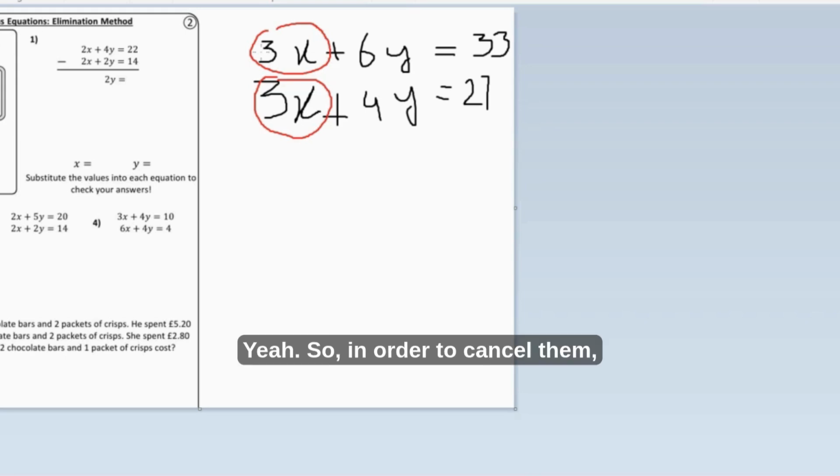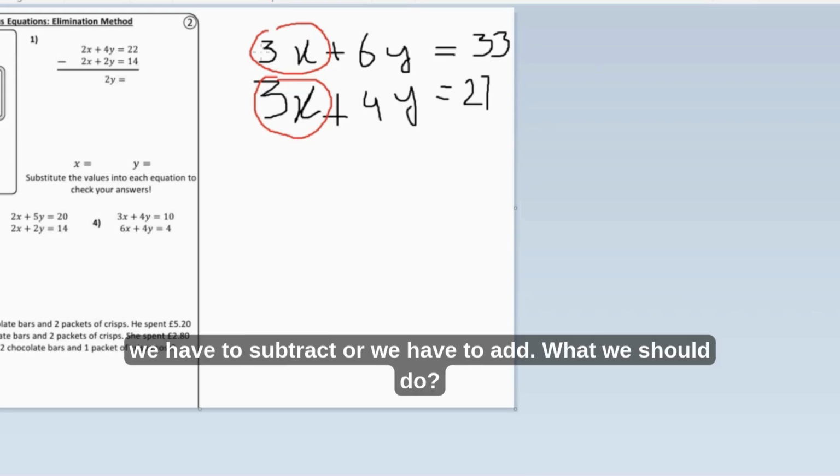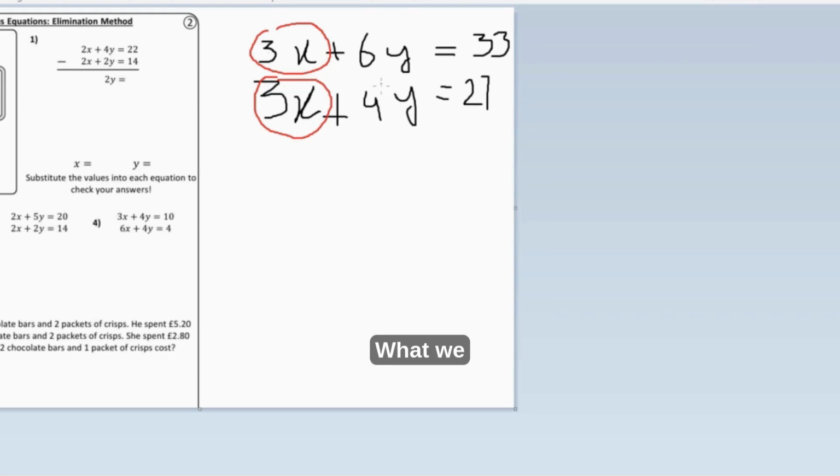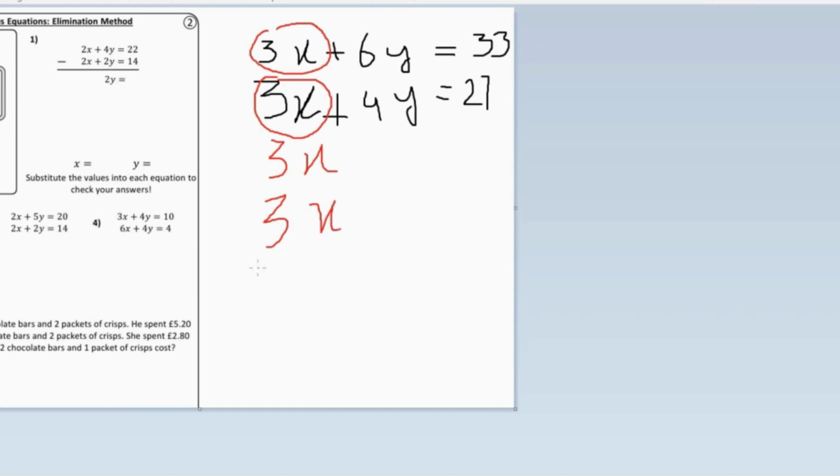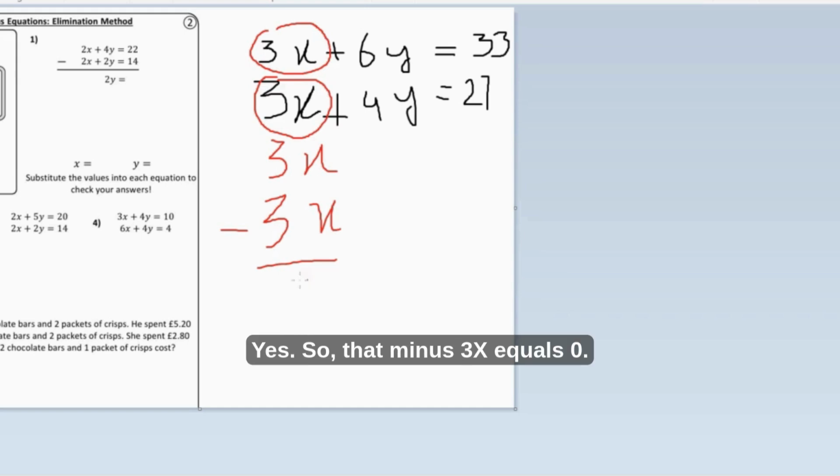Okay? So in order to cancel them, do we have to subtract or add? What should we do? In order to cancel 3x and 3x, when we subtract, what will be the answer? 3x minus 3x, what will be the answer? It will be 0, right? Yes, 3x minus 3x equals 0.